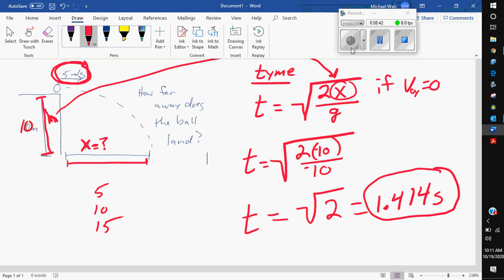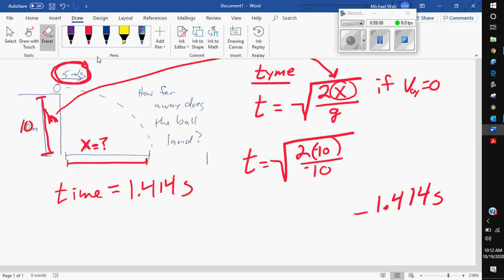Leave at least 4 numbers until you get to your final answer, okay? So 1.41 seconds, that's how much time you got in the air. So I'm going to jot that down here, because that's not the answer. That's just what I had to do to figure out the answer. So the time that it gets to be in the air is 1.414 seconds.